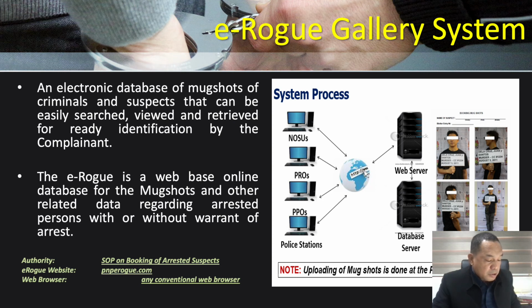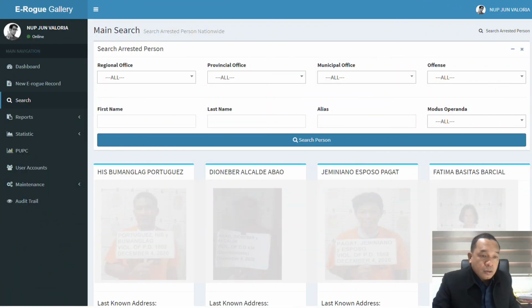Unlike the e-blotter, which is a standalone system, the AEROG Gallery system requires internet access or information highway for its implementation. Shown on the screen is a sample of the website for the AEROG Gallery system.